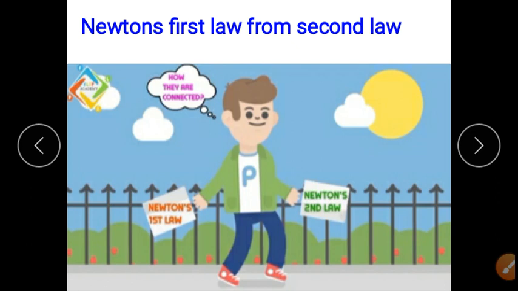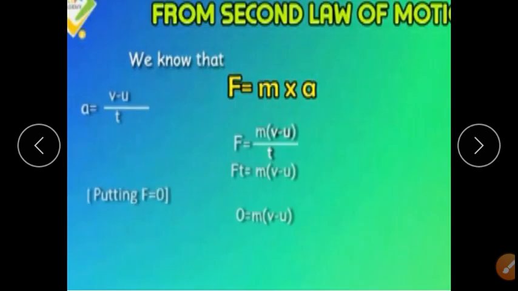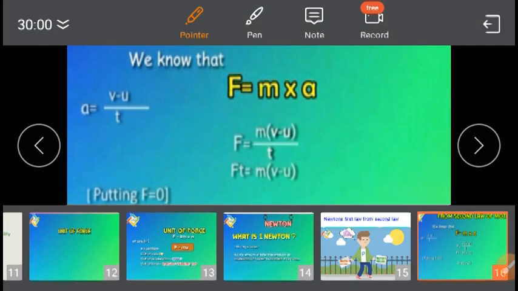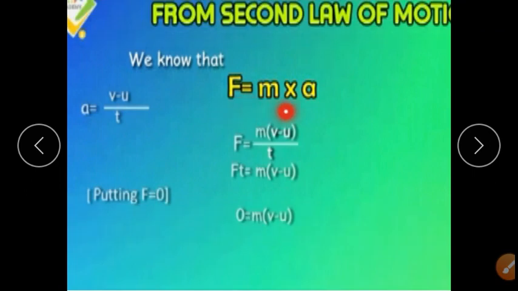Next, let us get Newton's first law from Newton's second law. What is Newton's second law? Force is equal to mass into acceleration. Now, what is acceleration? You know the equation for acceleration.